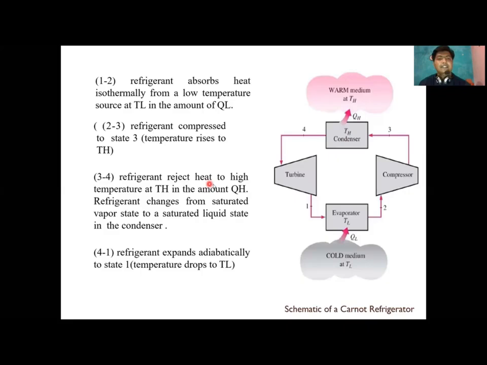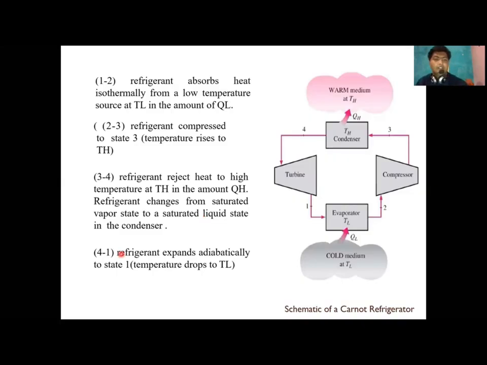The refrigerant rejects heat at the high temperature TH, in the amount QH. The refrigerant changes from saturated vapor to saturated liquid in the condenser. But if air is used as the refrigerant, it cannot change its phase.